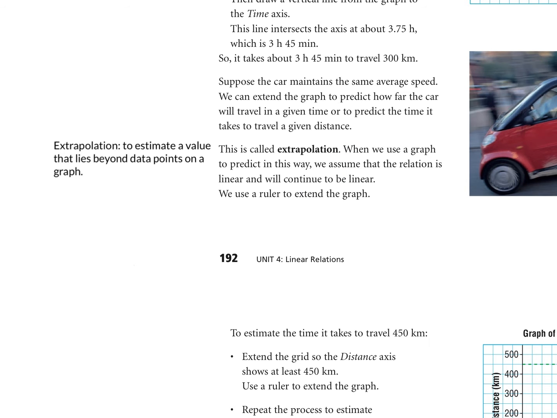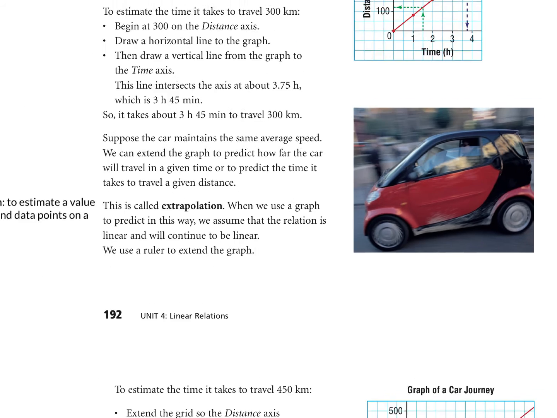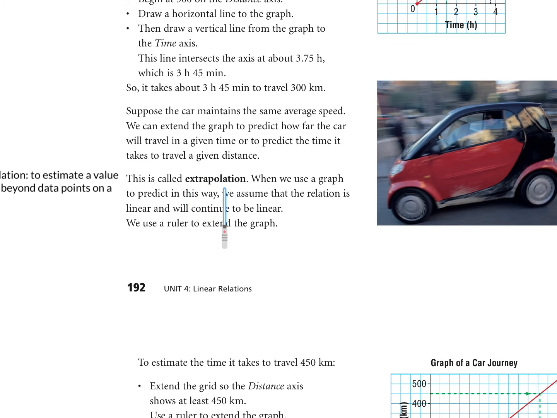So what this means is that, as it showed in the graph here, we only have how far the car traveled in 4 hours, and let's say that's all the data we have. Well, we can then extrapolate. This is called extrapolation when we use a graph to predict. We don't have the information, so we're going to predict in this way.